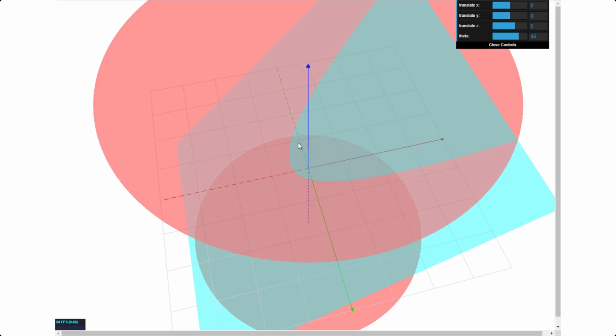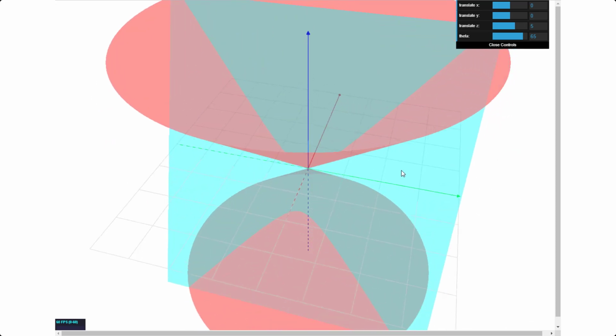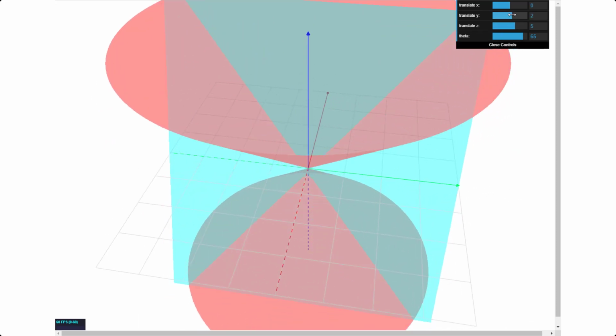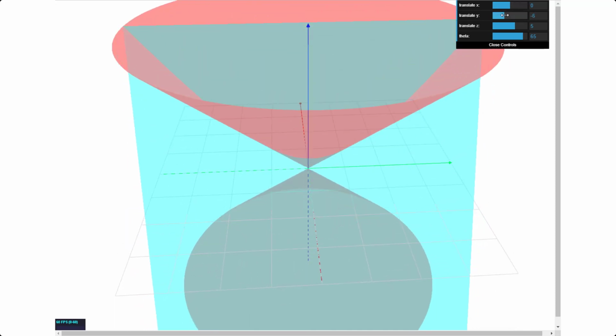If I continue to rotate it, then what's going to happen is the bottom cone comes into play here, and we start getting hyperbolas. So you'll see here, let me translate it a little bit more so you can try and see it a bit better. I think that's best I can do.